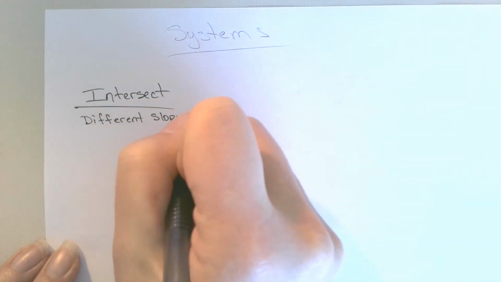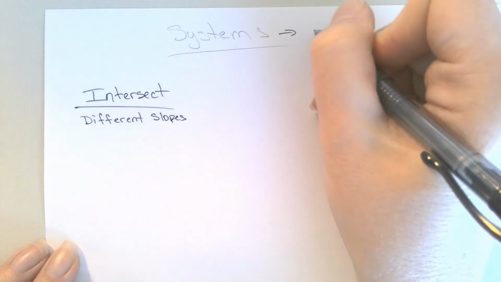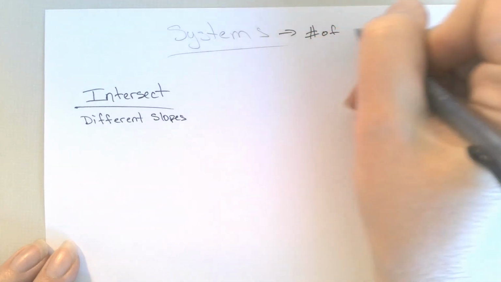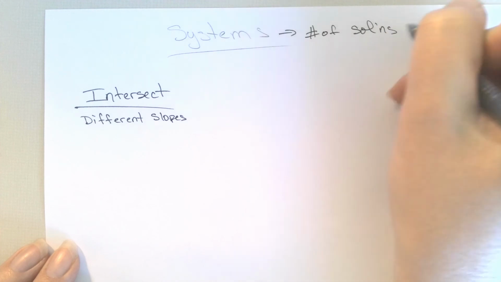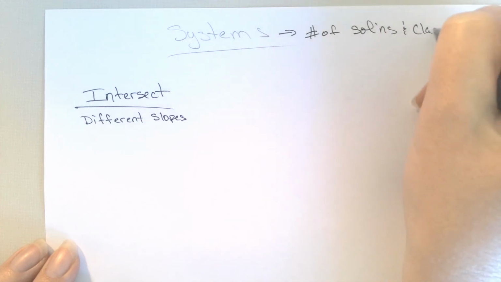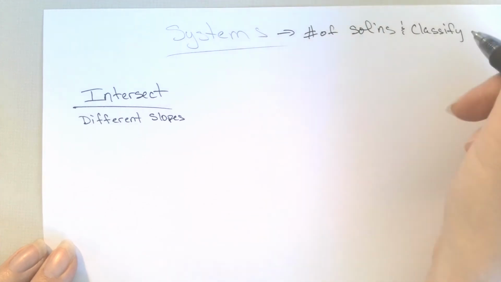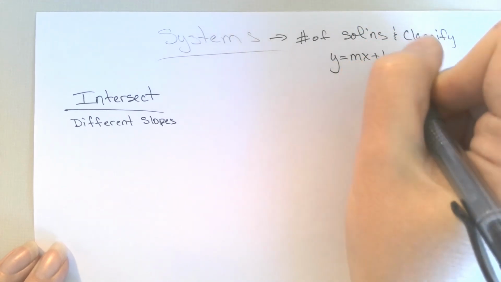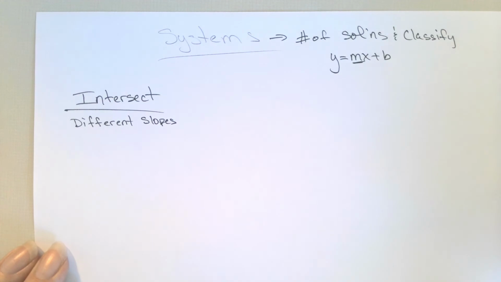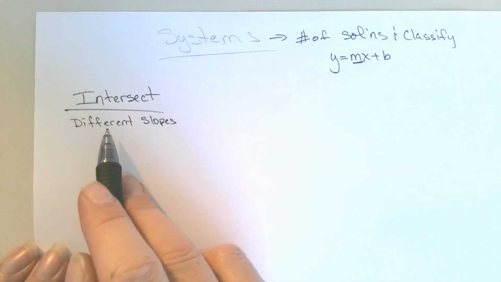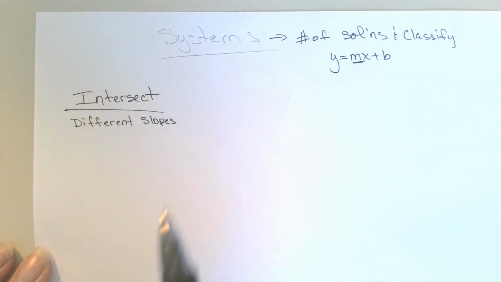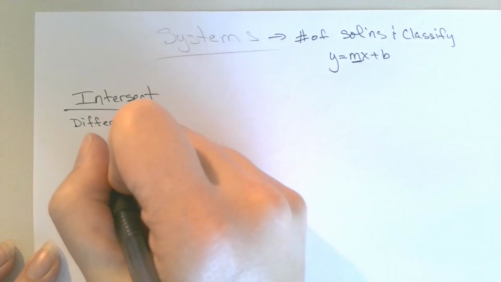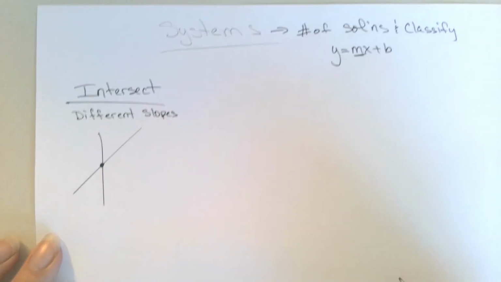So first thing I want to do when I want to do systems where I just want to know number of solutions and classify, but I'm not solving, I want to solve for y equals mx plus b, and I want to compare slopes. That's my goal. So I would see if they're intersecting, they're going to have different slopes, and that means when two lines intersect, they're going to have 1 point in common, and that's it.